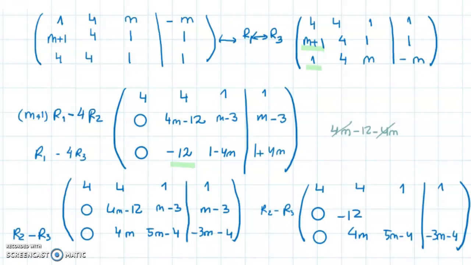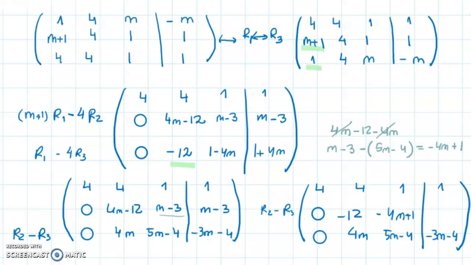And then I need to write m minus 3, that's the third entry of the second row, minus the third entry of the third row, so 5m minus 4. This becomes m minus 5m, so we have minus 4m, and then minus 3 plus 4, so plus 1, so minus 4m plus 1.